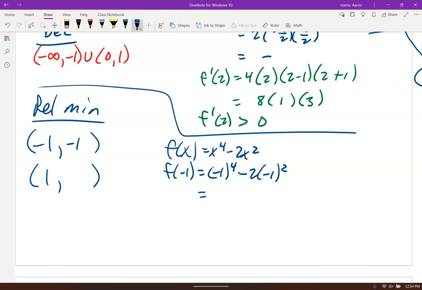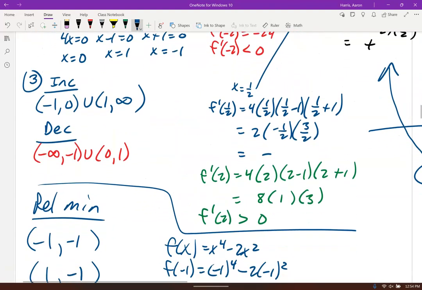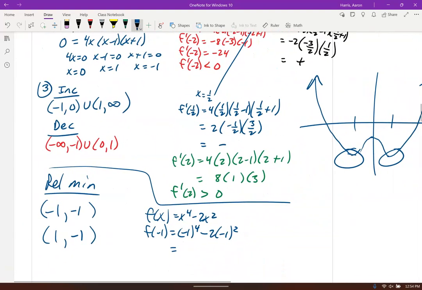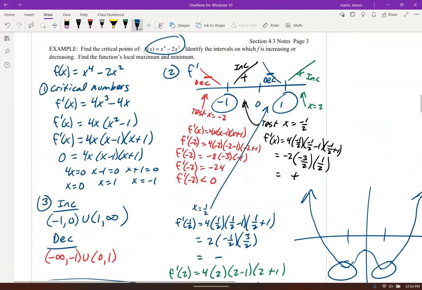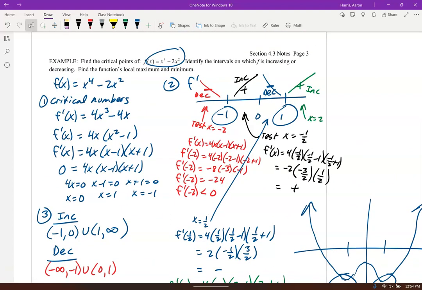It looks like I got -1. Plug in the 1, and I got -1. Okay, so that's a relative min. Which in this case ends up being, as I know it goes up to the left, up to the right, those are actually also absolute minimums.